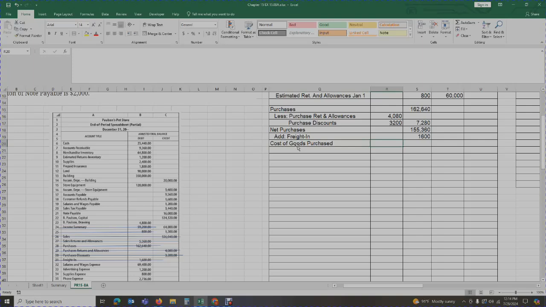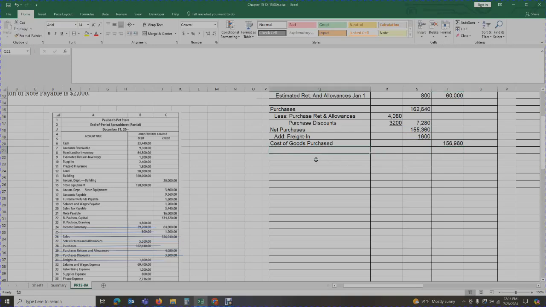We get the 155,360 plus my 1,600, your purchases plus your freight, and that's going to give you 156,960.